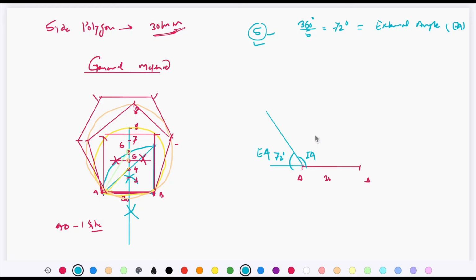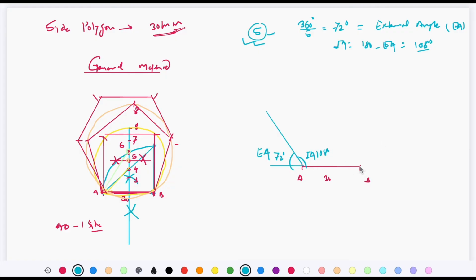So from this sketch you can easily get that the internal angle is 180 minus the external angle. So that will become, in case of a pentagon, 108 degrees. For different polygons, those two angles are going to have different values. We are drawing a pentagon, so for a pentagon, the external angle will be 72 degrees and the internal angle will be 108 degrees. So this angle is going to be 108.